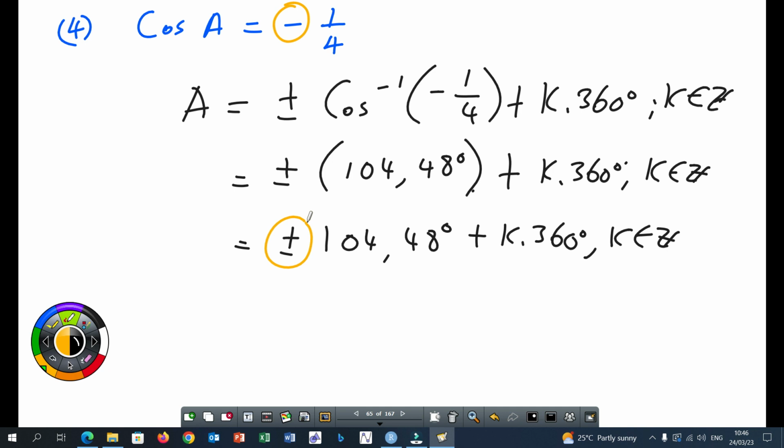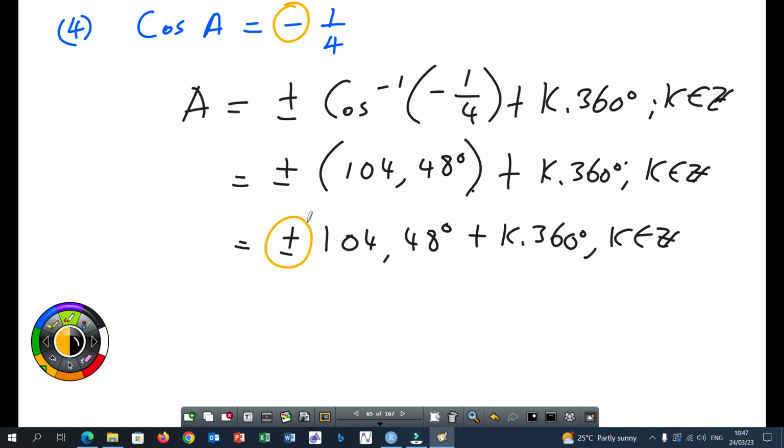I'm sure you can agree with me here that our reference angle is positive 104,48. But because of the plus or minus, the second angle is going to be negative 104,48. Now, in which quadrant is negative 104,48? To be in the what?